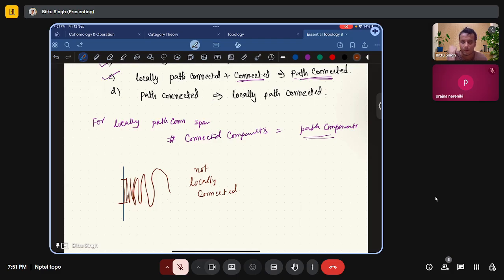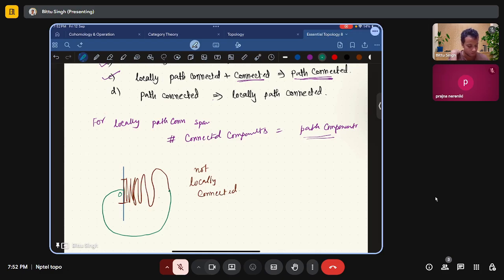Now, one question: is it path connected? The answer is no. We have already seen it has two path components. This is one component, and this is another component. Now, can we create a space which is path connected using this? The answer is yes. Just extend this curve in a way such that it joins those two ends, so it joins the origin with the other end. Then this becomes path connected.